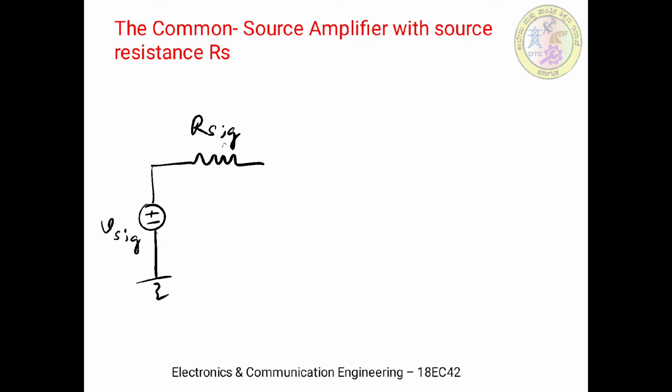So this is the source part. So next what we have is the MOSFET part. And here we have the source resistance RS connected to the source terminal of the amplifier.